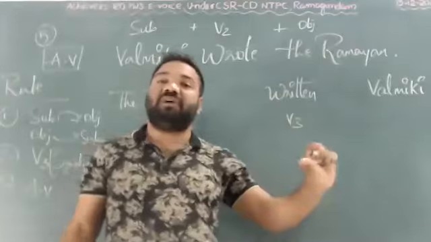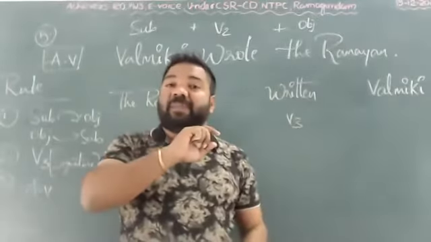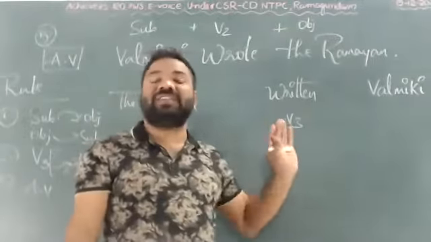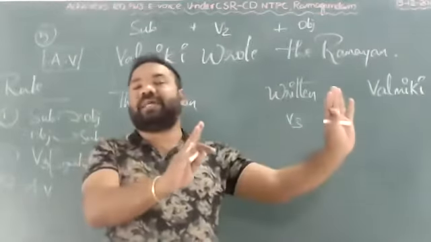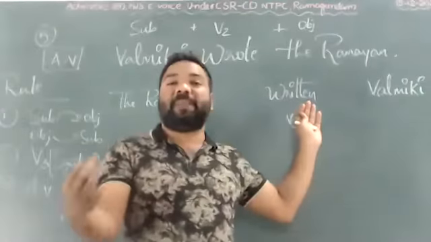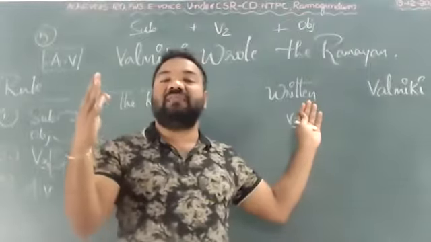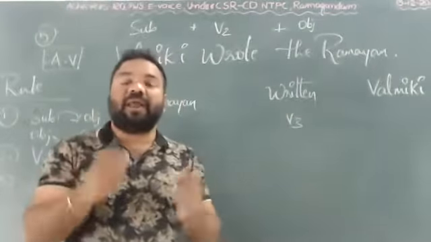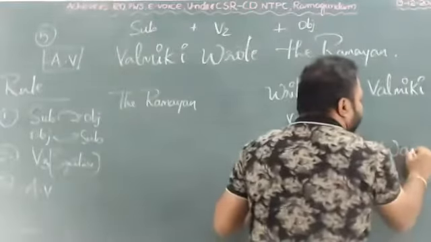These are the auxiliary verbs used for simple present. But those are not suitable for the past because those auxiliaries belong only to the present. But when it comes to simple past, the best and well-suited auxiliary verbs, supporting verbs or helping verbs, are was and were.